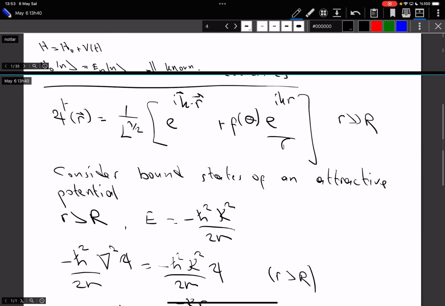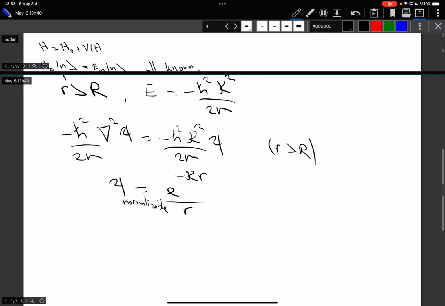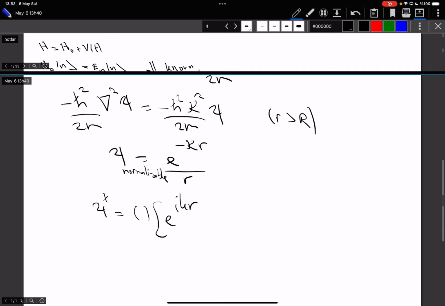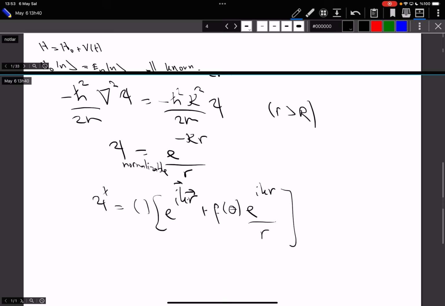Now let's compare it with this one. Well, they look similar.